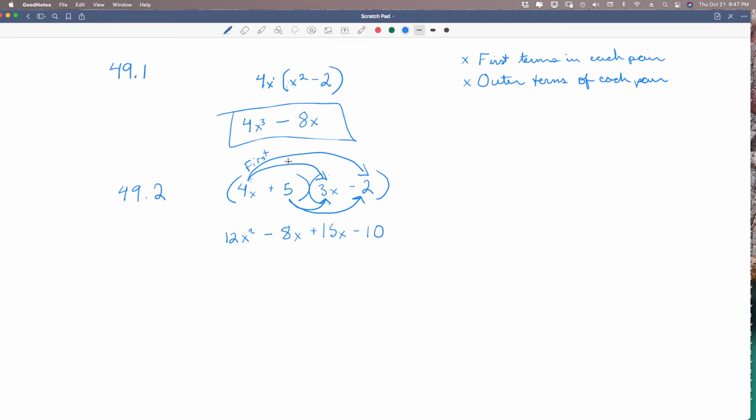This was the first, this was the outer, this was the inner, and this was the last. So the inner terms of each pair, the ones that are in the middle that touch, and then we're going to multiply the last terms of each pair.